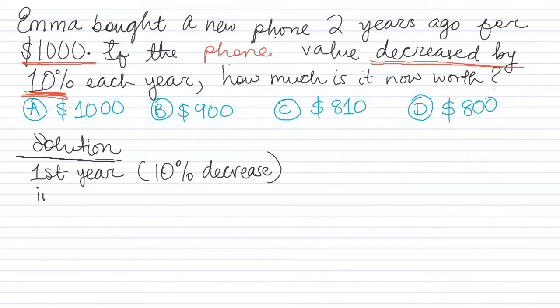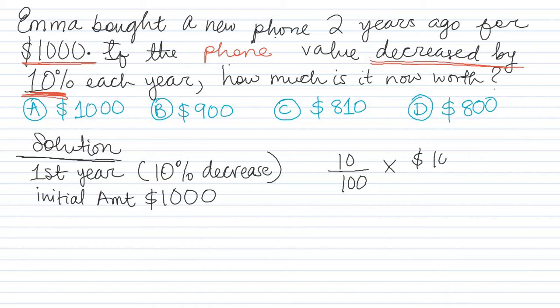Initial amount is $1,000. So 10% of $1,000 is the same thing as $100, and that was what it was decreased by.